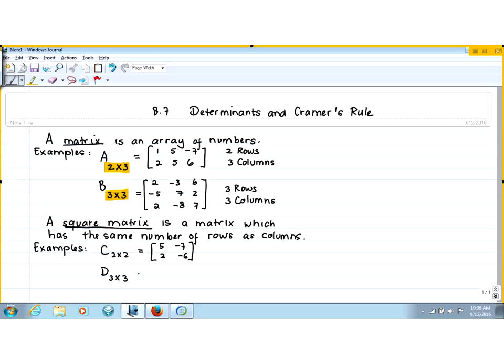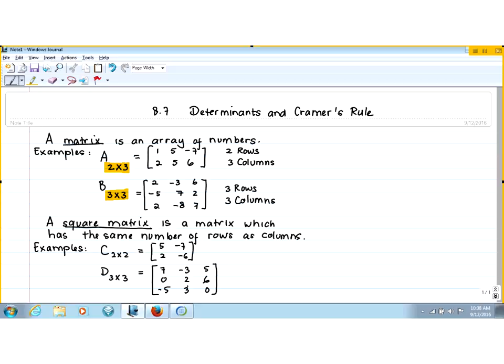D, which is 3 by 3, which is 7, -3, 5, 0, 2, 6, -5, 3, 0. This is also a square matrix. This is 3 by 3. Yeah. Okay.